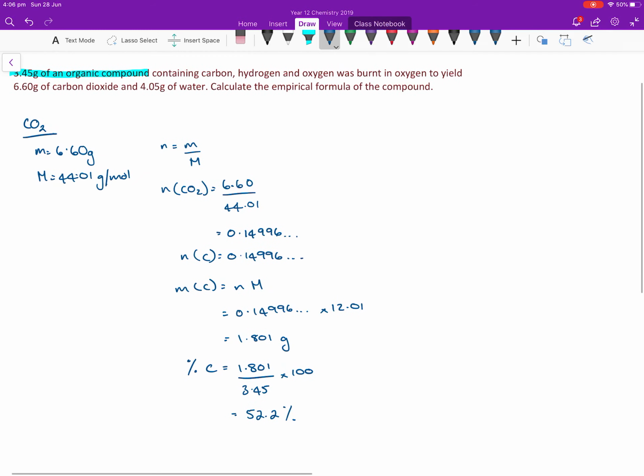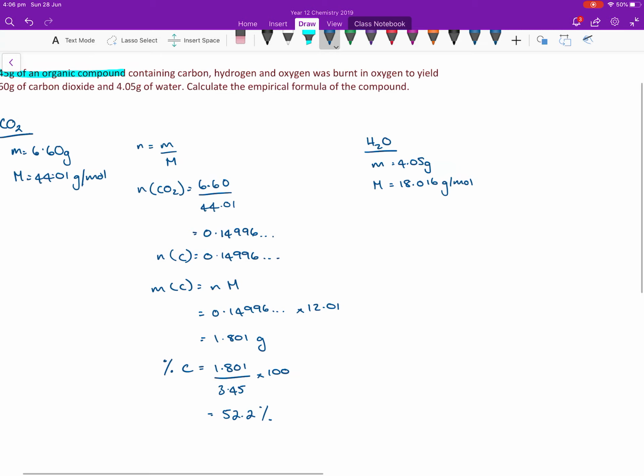All right. So we can go through the same process with water. We know the mass was 4.05 grams. Our molar mass is 18.016. So we can start out by working out our moles.